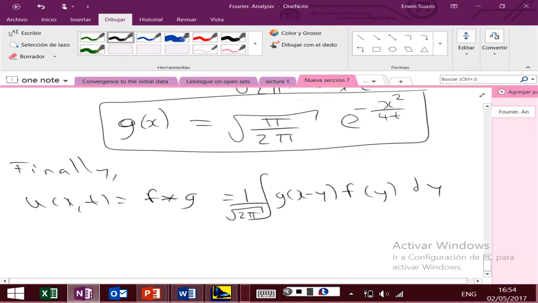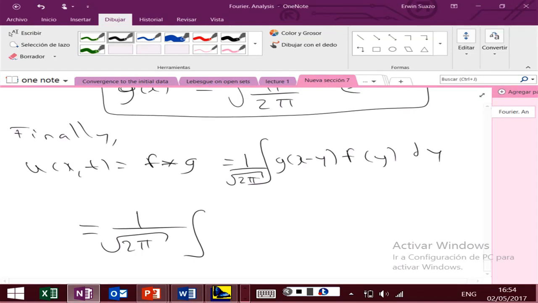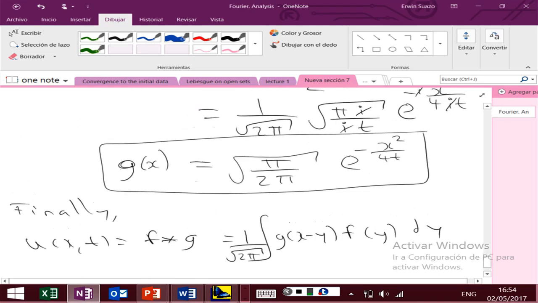So in my notation, convolution, Fourier inverse, and Fourier, everything has 1 over the square root of 2 pi. So now I write 1 over square root of 2 pi, and g, I can write it here.